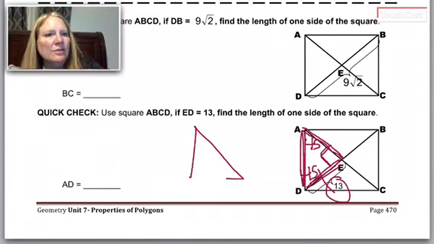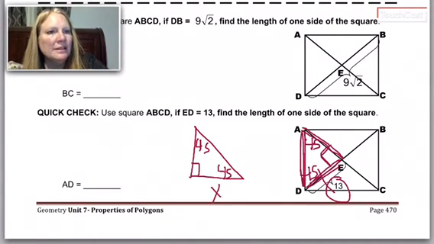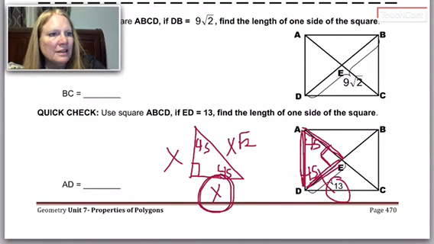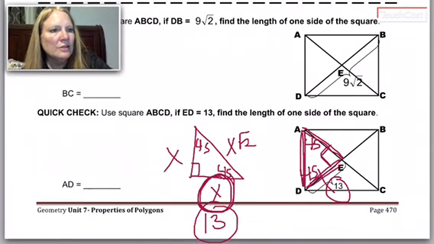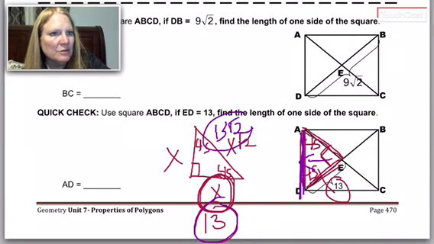Drawing it separately, we have x, x, x square root of 2, and the measurement they give us is one of these, 13. They're asking for AD, which is right here, a side across from 90. Well, if this side is 13, this side is 13 square root of 2. So that is across from 90.